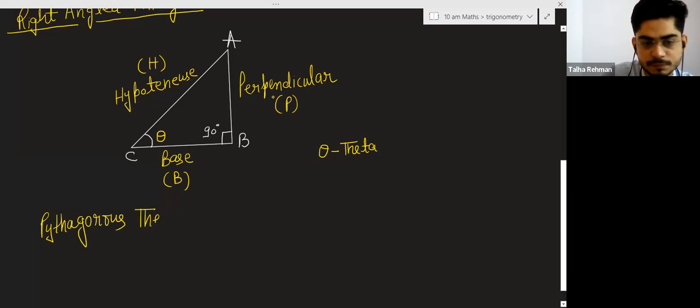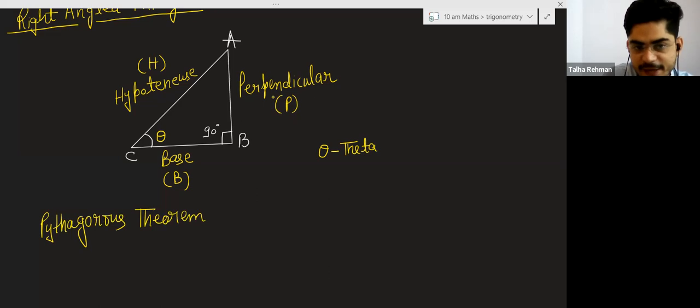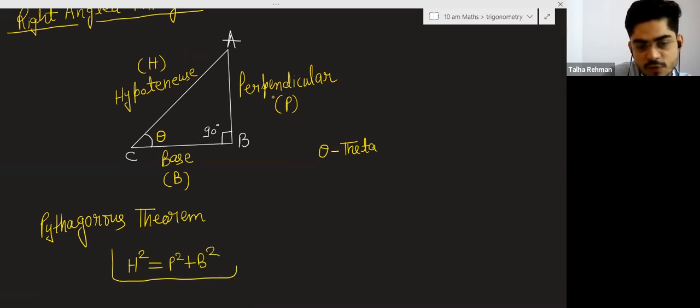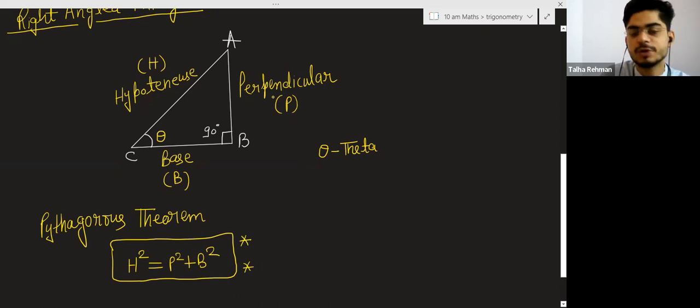According to this theorem, if we apply it in a right angle triangle, hypotenuse square is equal to perpendicular square plus base square. This is one of the most important theorems that we will use in this chapter.